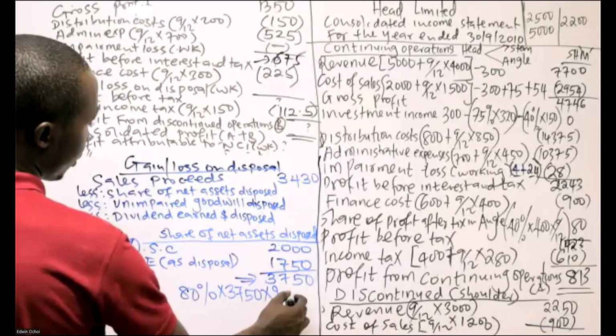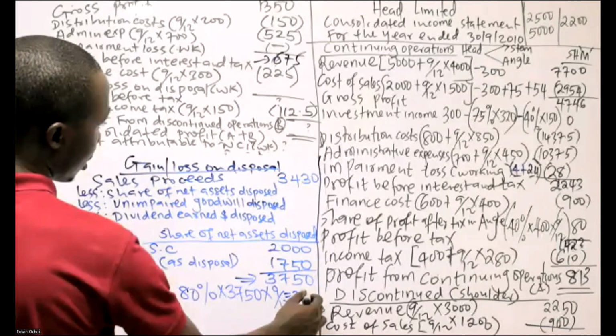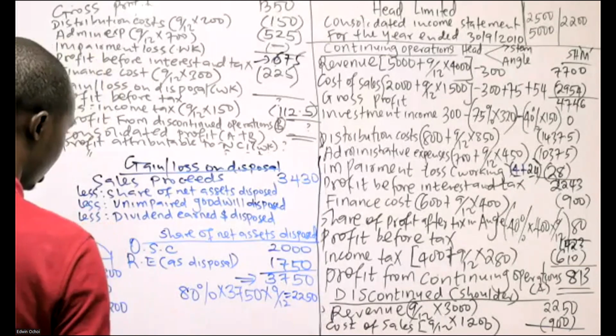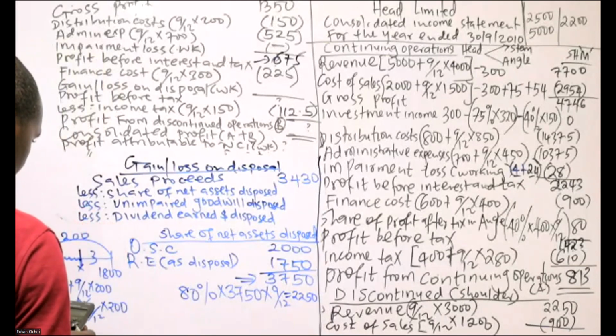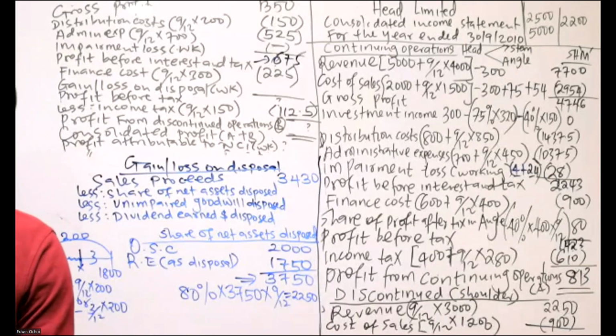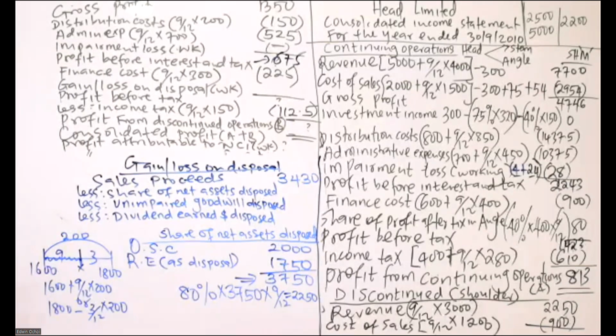So this is 2250. Are we together up to that point? Are we together on what I'm doing? Yes. But now net assets.